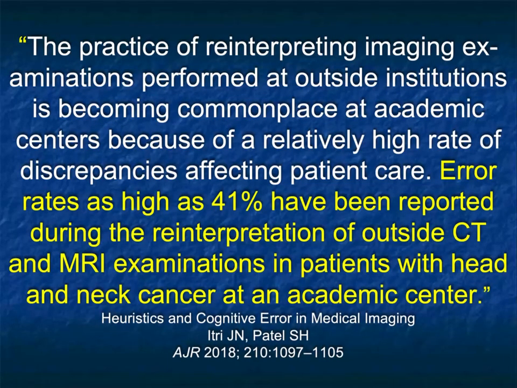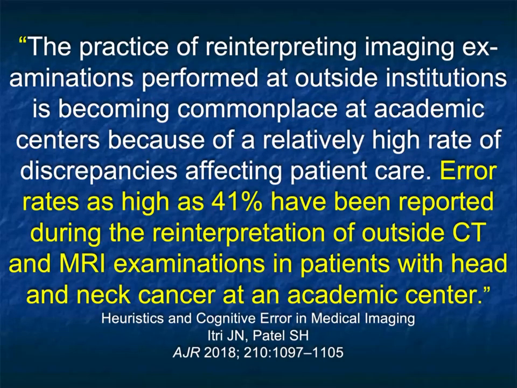Now, the practice of reinterpreting imaging exams from outside institutions shows the issue with double reads. Error rates as high as 41% have been reported during reinterpretation of outside CT and MR exams in a patient with head and neck cancer in an academic institution. So the point is that when you have a second read, you often will pick up more findings.